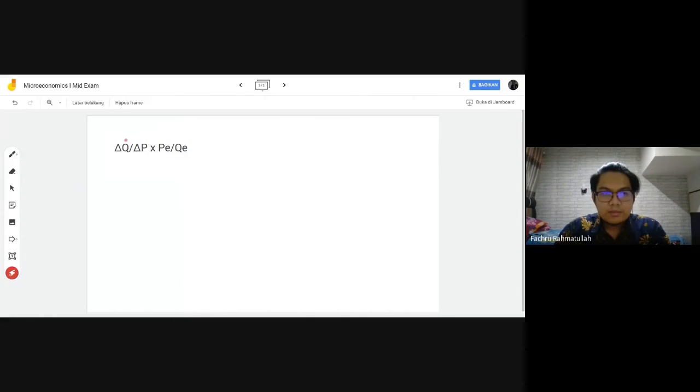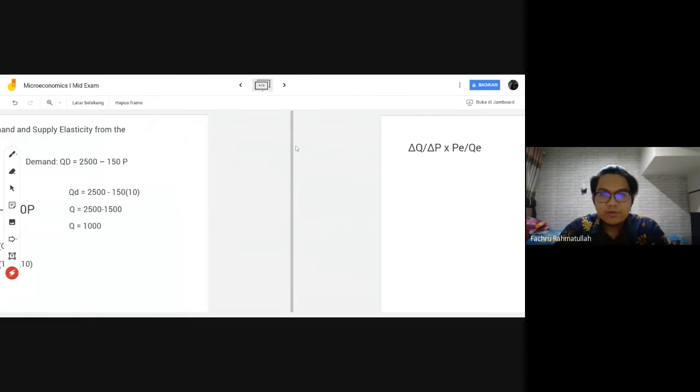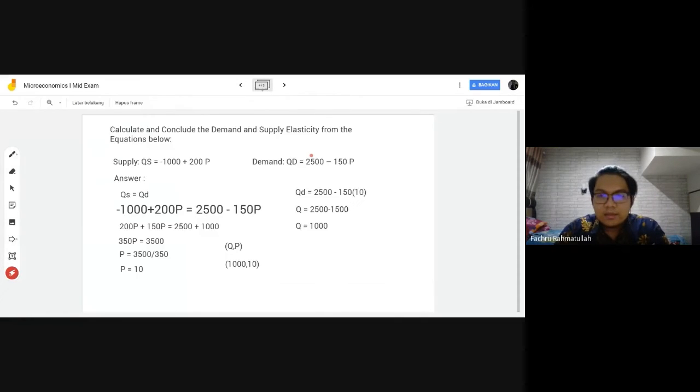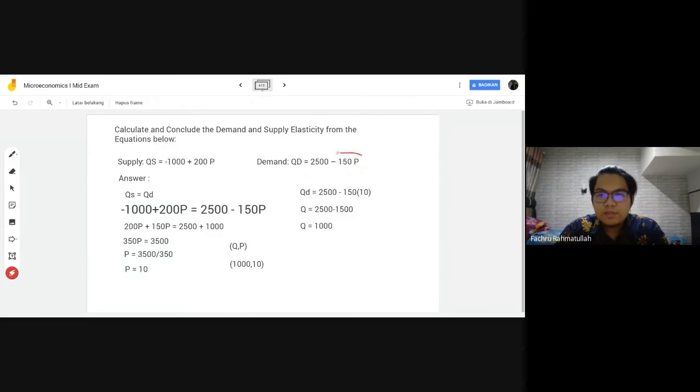So we already got the formula for how to count the elasticity, but we need to find this number and this number. So to find this, it is called the differentiation, or we call it derivative, from the equation before. From this, the differentiation from this equation and the differentiation from this equation.